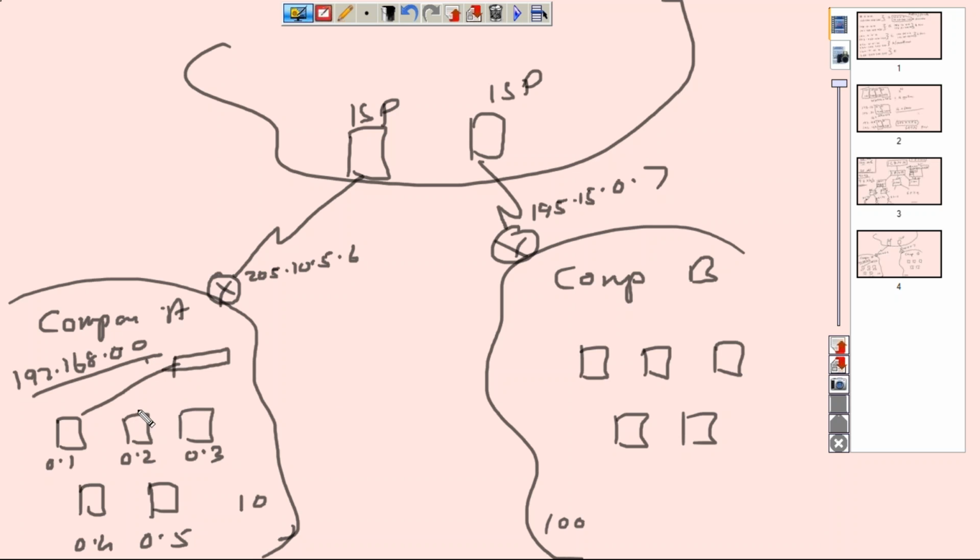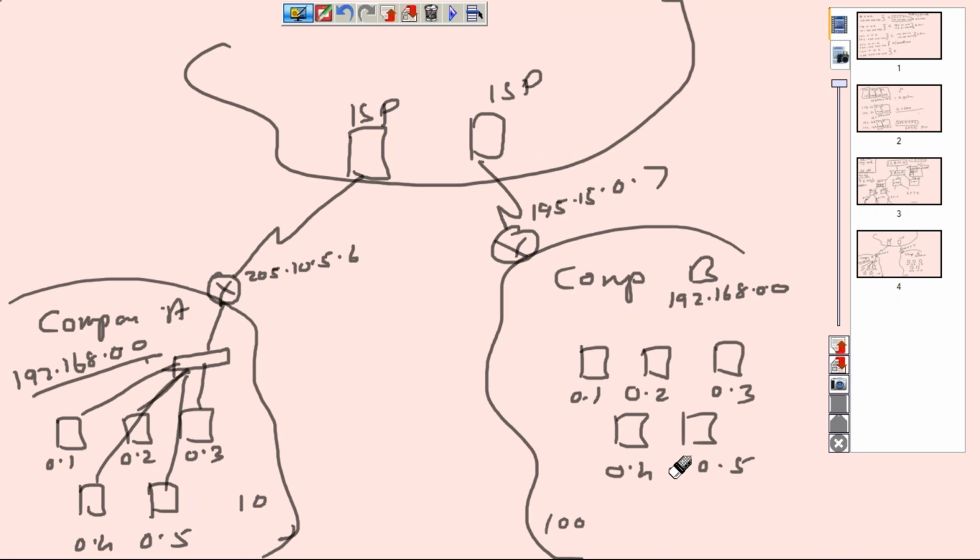And of course, there's going to be some sort of a switch device which is connecting these guys together. And in this company, I am using 192.168.0.0, and this is 1, 2, 3, 4, 5. Is this possible, or are we facing a duplication here? No.